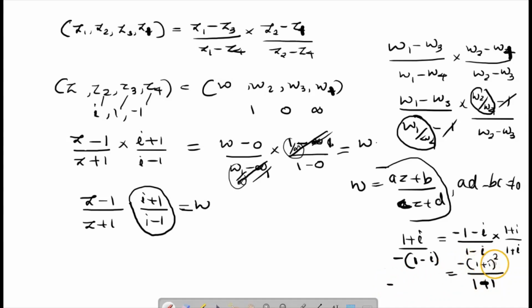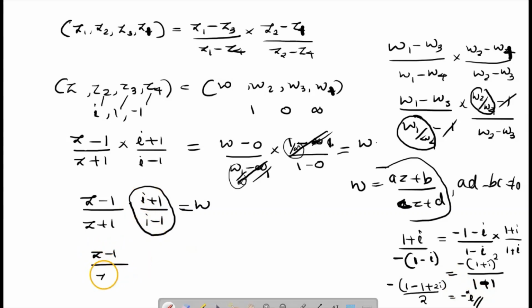Minus of (1 plus i) squared is minus of (1 plus i squared plus 2i), with i squared being minus 1, so we get minus 2i divided by 2, which means minus i.